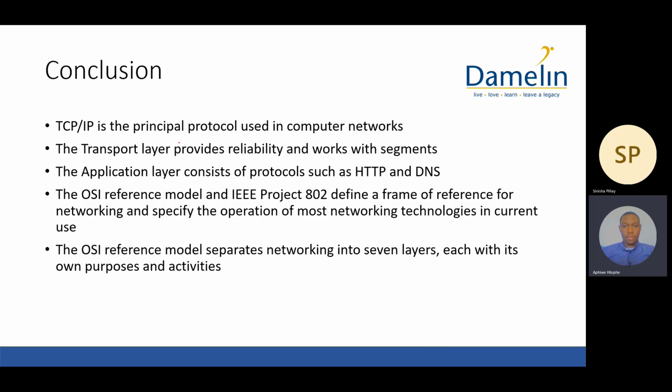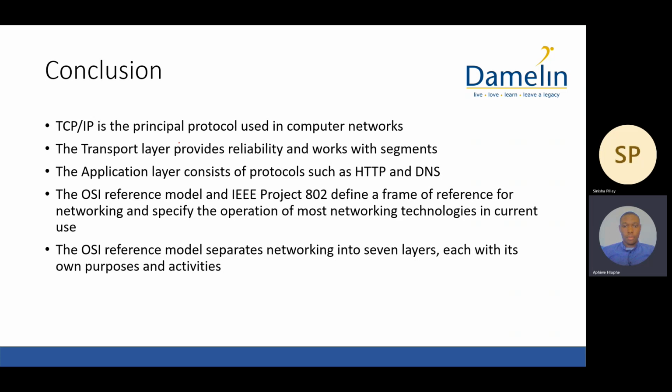Okay, so in summary, in this presentation we covered TCP/IP, which is the principal protocol used in computer networks. We also said that the transport layer provides reliability and works by segmenting data. The application layer consists of protocols such as HTTP, DNS and SMTP, along with a wide variety of other application protocols.